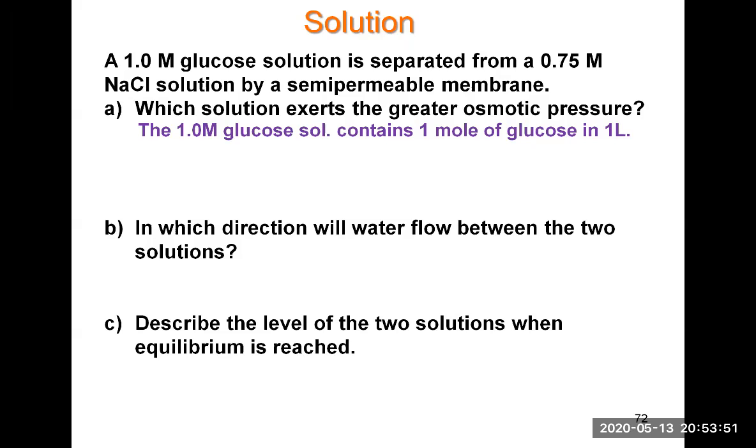For the 0.75 molar NaCl solution, NaCl is an ionic compound. And we know that ionic compounds dissociate into their ions when they are dissolving in water. So when you have 0.75 moles of NaCl, in fact, NaCl dissociates into Na plus and Cl minus, because Na is from group 1A, so it becomes the Na+ ion.